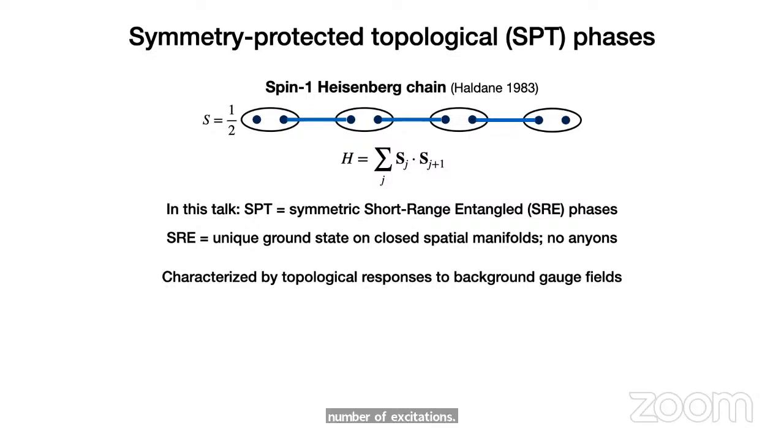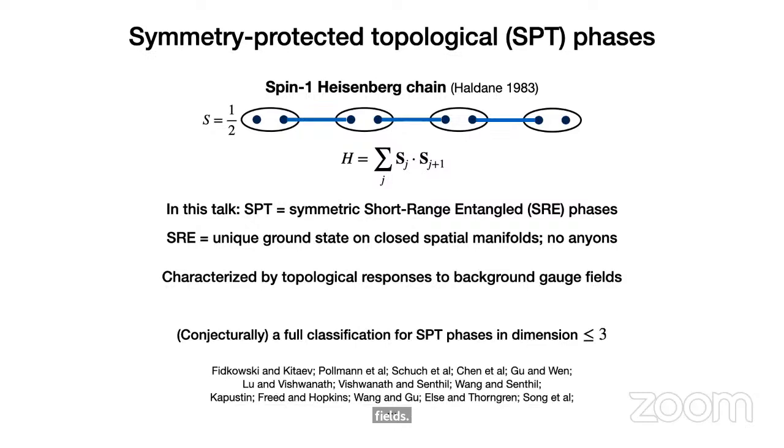And we know, by now we understand that these SPT phases in ground states are characterized by topological responses to background gauge fields. Okay? And there's a fairly well understood, even though not rigorously proven yet, classification of these phases, what are the possibilities, at least in all physical dimensions.